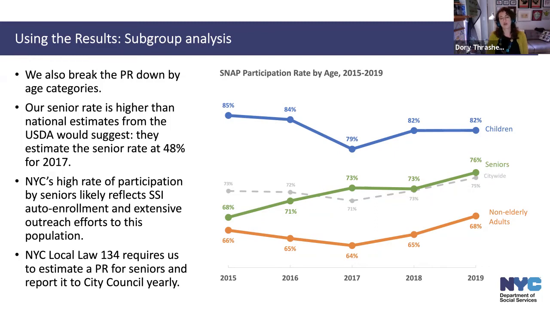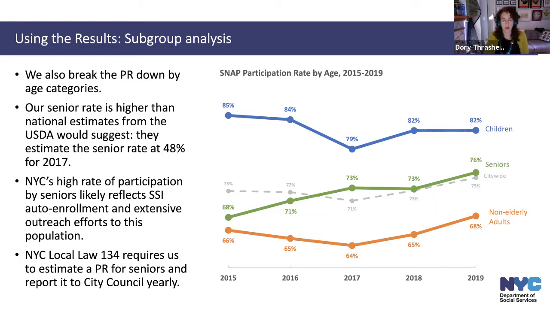And New York City Council is very invested in having seniors be well served by our SNAP program. Local Law 134 requires us to estimate a participation rate for seniors and report it to council yearly. And then I guess we'll also say that we can use these numbers as a benchmark when we look at other populations.